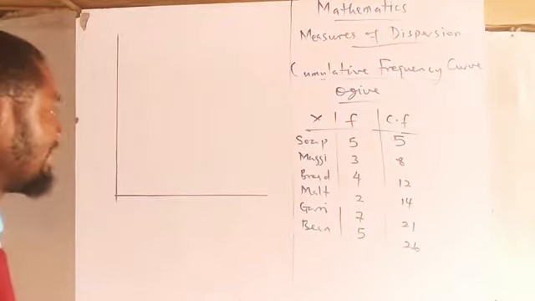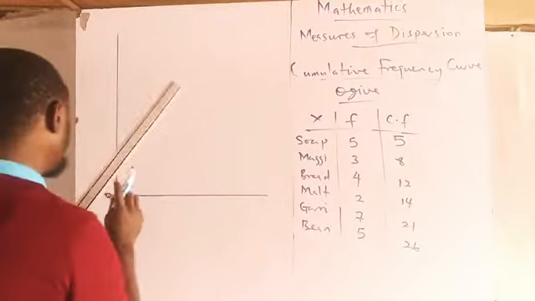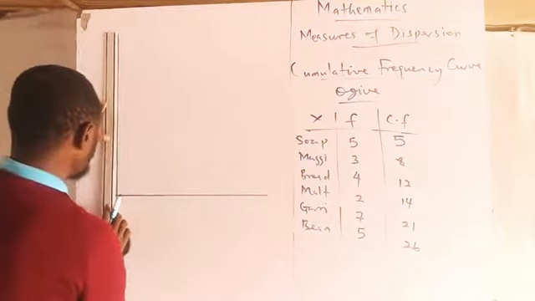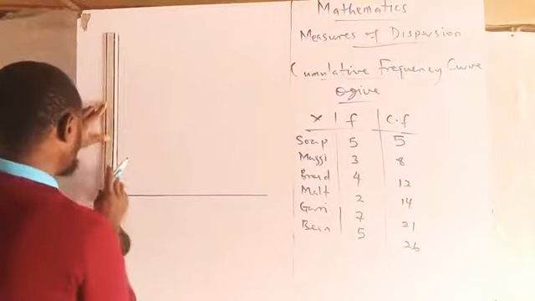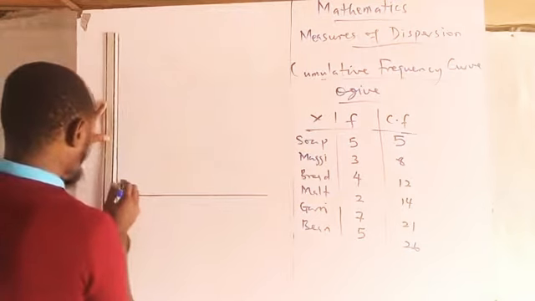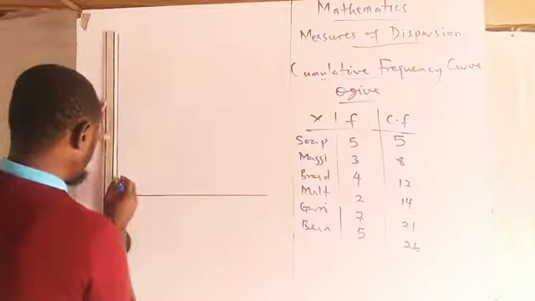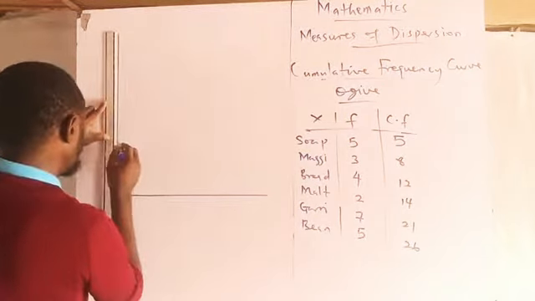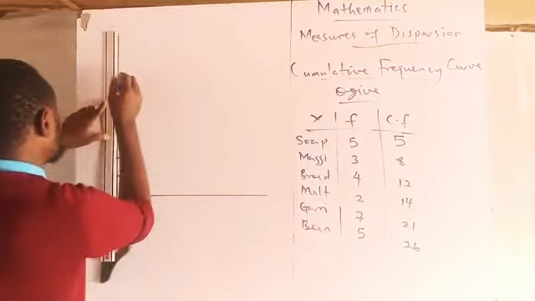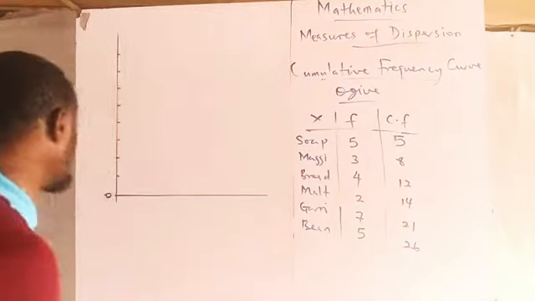Then I'll be having 13 of these numbers: 1, 2, 3, 4, 5, 6, 7, 8, 9, 10, 11, 12, 13. So I'm going to use 2 as my intervals.